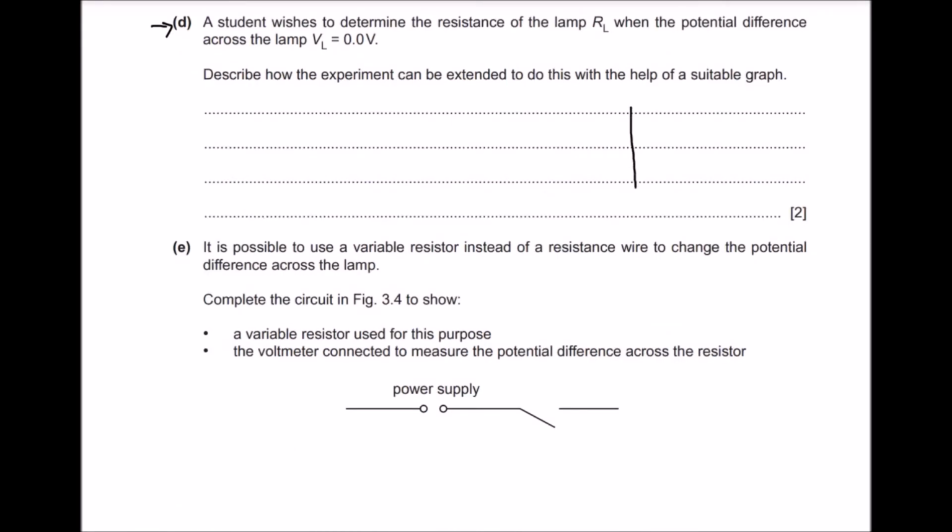This is the vertical axis and this is the horizontal axis. We are taking voltage across the lamp in volts here, and resistance of the lamp in ohms on the vertical axis, and you would get a line like this.